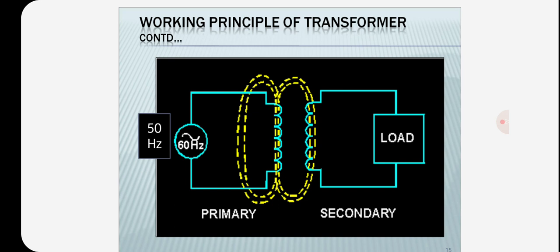When the secondary winding links with this changing flux, an EMF is induced in the secondary winding according to Faraday's laws of electromagnetic induction. This EMF is known as mutual induced EMF. The EMF induced in the secondary winding causes a current through the load.